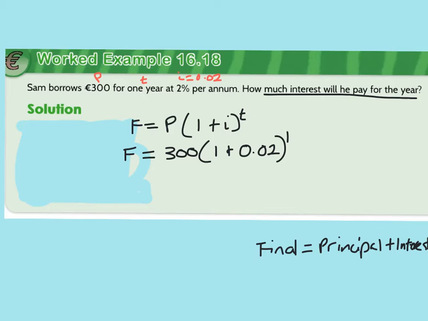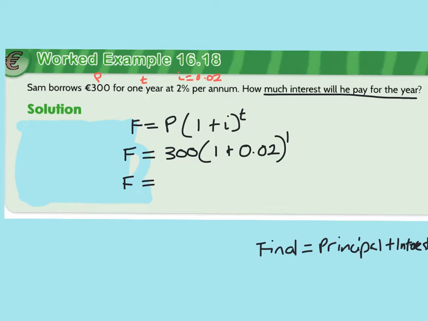And then after that, all you have to do is pop that all into a calculator. So just remember how to use your power button. So on your calculator, you're going to pop in 300, use your bracket button, 1 plus 0.02, bracket button. Now we can just press equals here, but if we were using a number that was bigger than 1, you would have to use that button on your calculator that says x to the power of a coloured in box, and then put in whatever number that is, and we've talked about using that before.